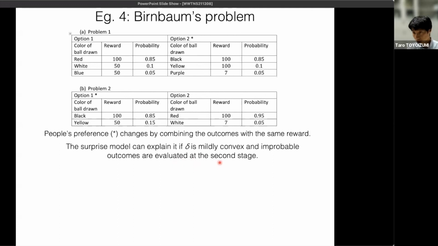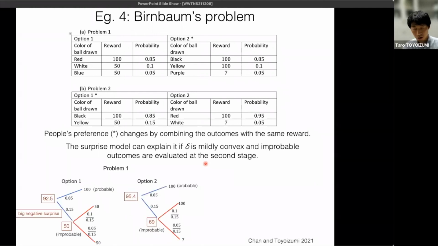So here, I'm almost finishing, but the key point is that we first prioritize thinking about major outcomes, more probable outcomes, and only later evaluate minor outcomes that are unlikely to happen. And according to that, we can convert this problem into, again, two-stage problems.